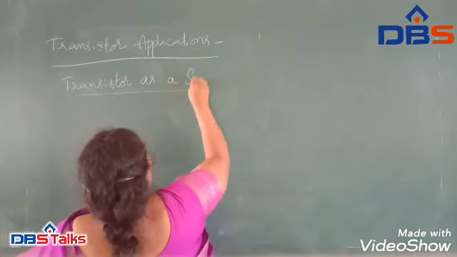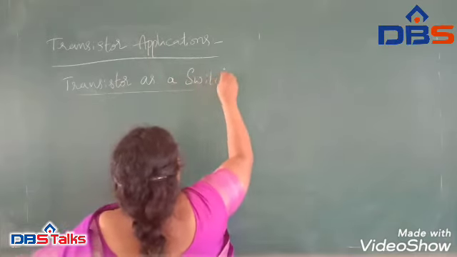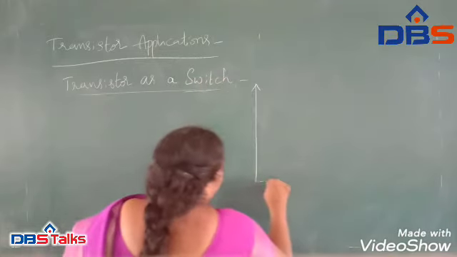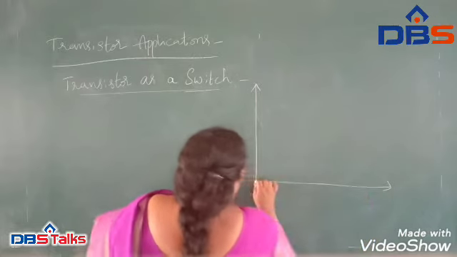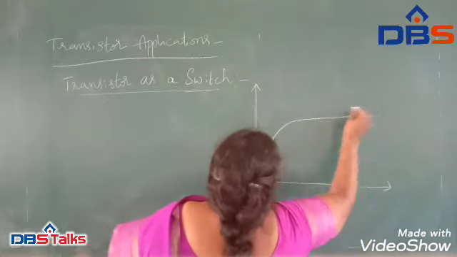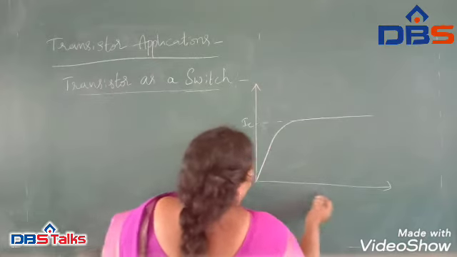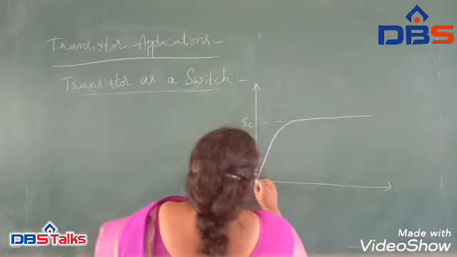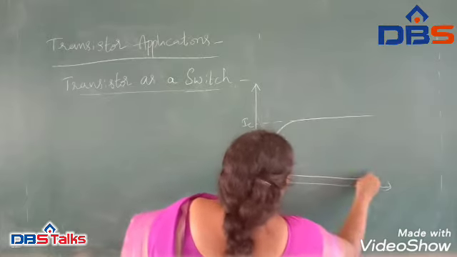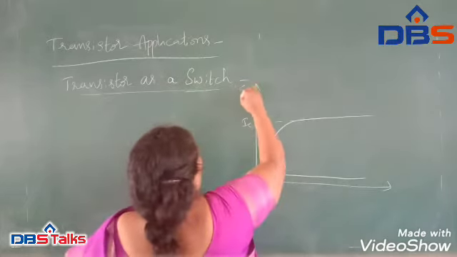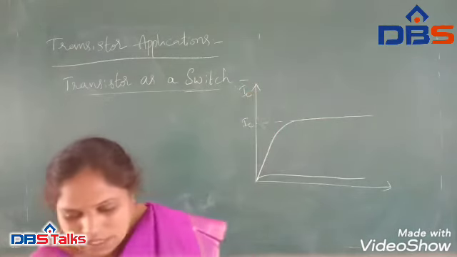Transistor as a switch. We can take a simple graph, where IC moves linearly.